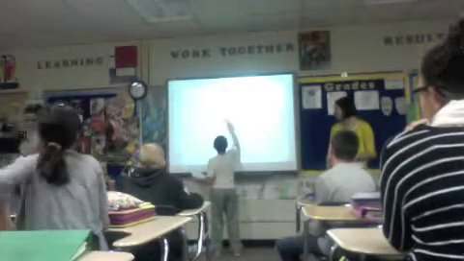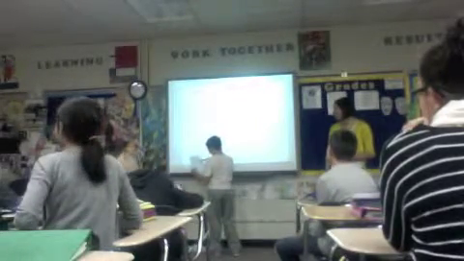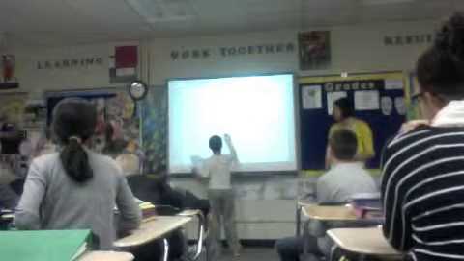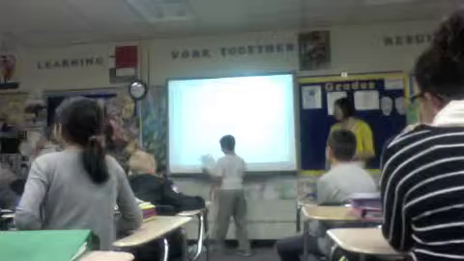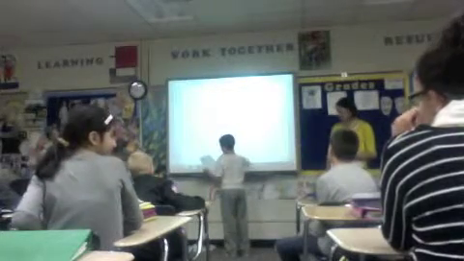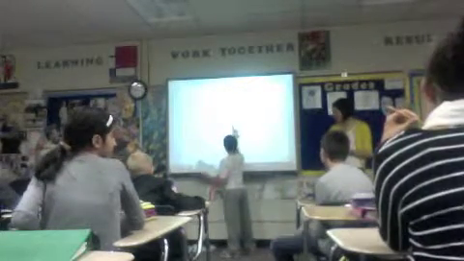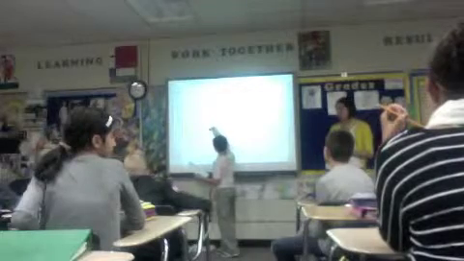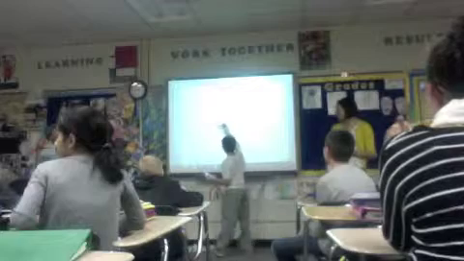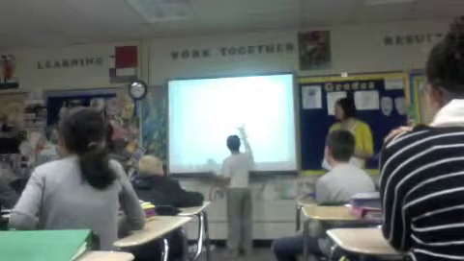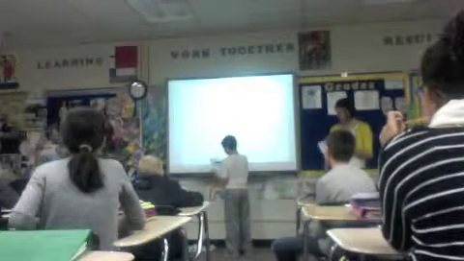Okay, so the problem starts off like this. 7, 10, and 6. Okay, so we assume since there was a square, as we say on the other side, 6, then 7.